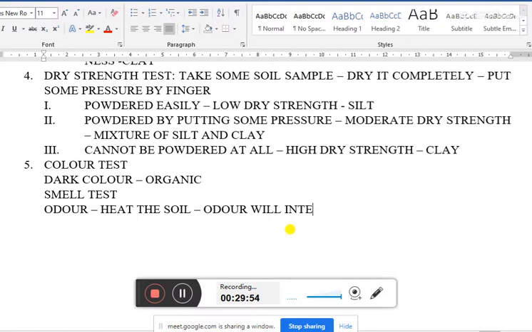Then obviously the soil is of organic material or decomposed substance. This test is for organic soil.